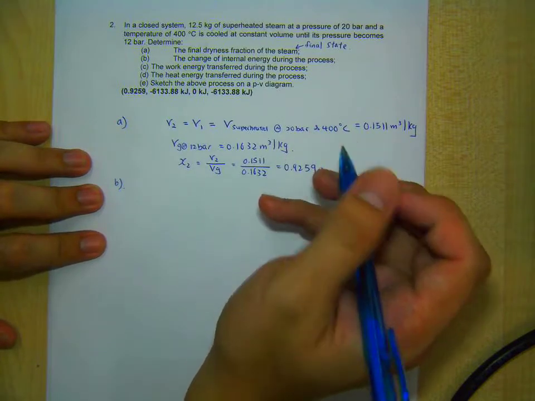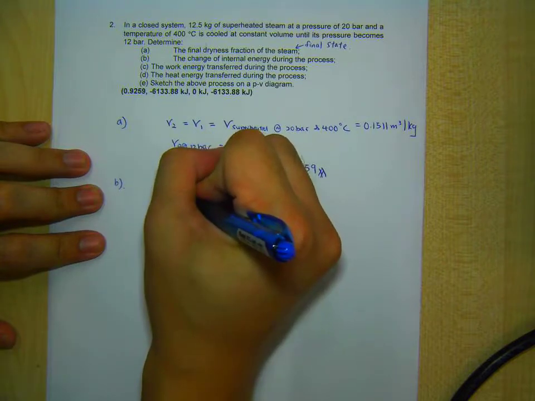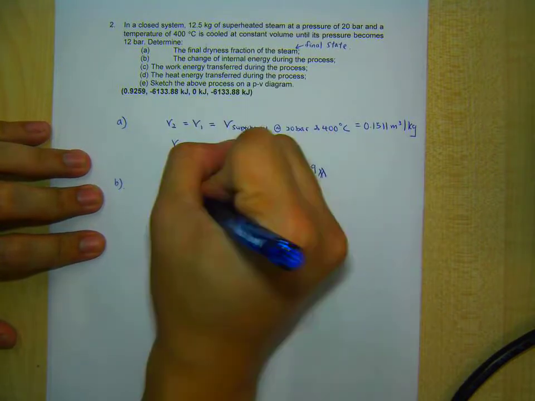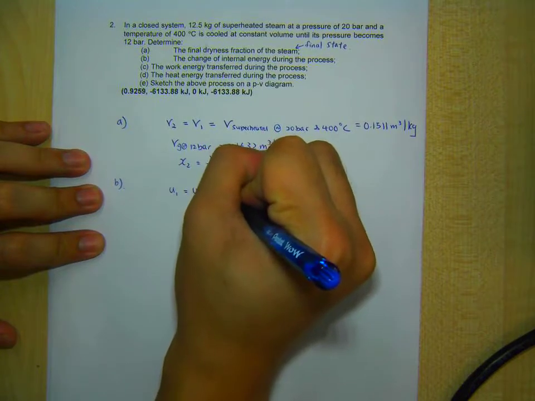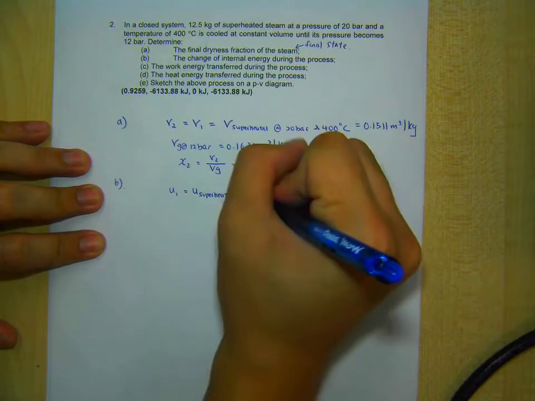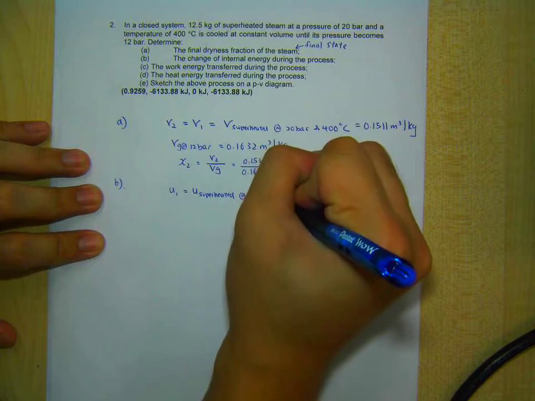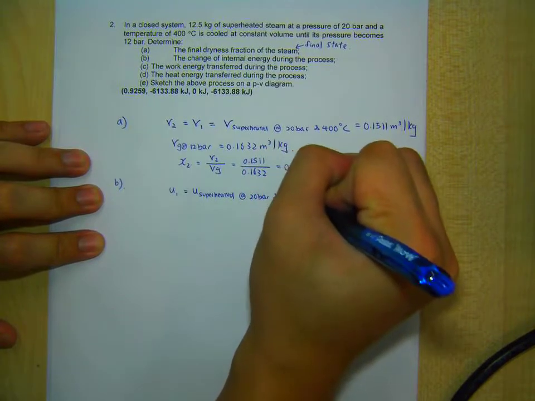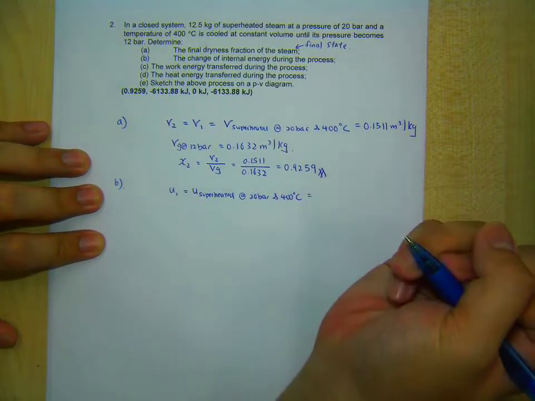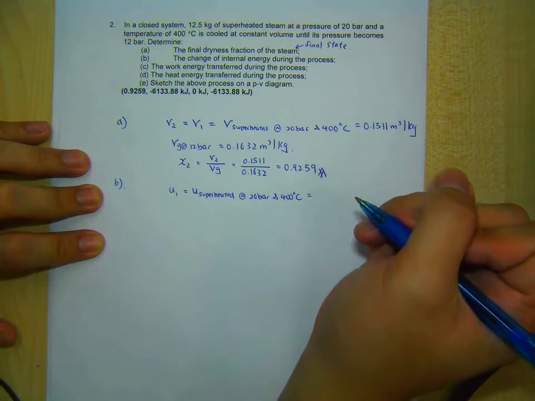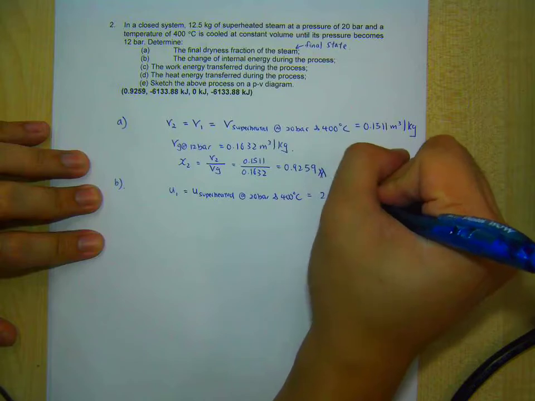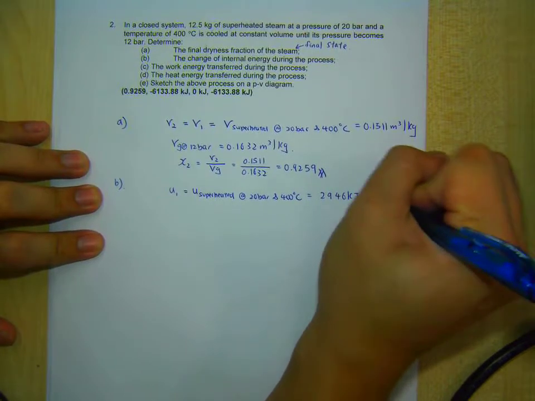The specific internal energy U1 is the U of superheated steam at 20 bar and 400. From the superheated table we get 2946 kilojoule per kg.